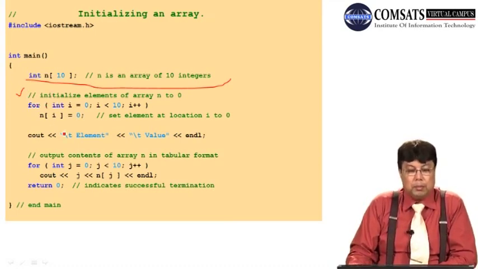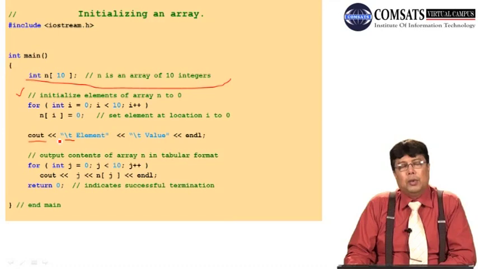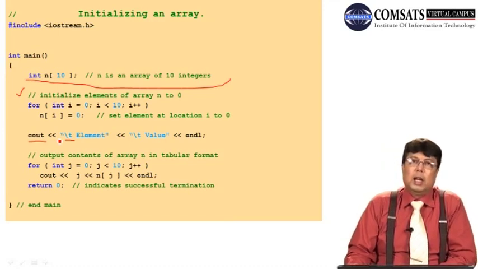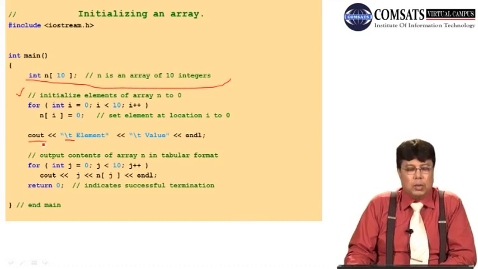Then we would like to print, so obviously I've used \t here, but there is also an option with cout which is setw (set width) through which we can control the format. In future lectures, when I will be discussing in detail the iostream, cin and cout, I will be talking about a lot of features and facilities associated with the cin and cout streams, which are basically the I/O streams.